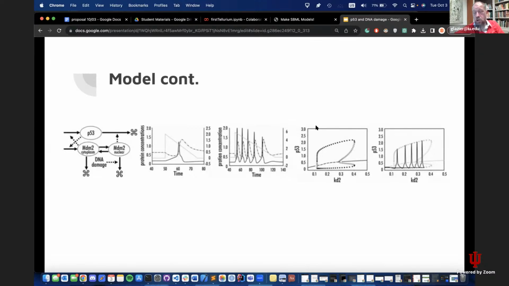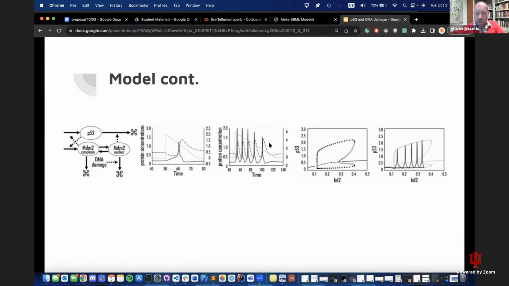There's some notation about how you plot what are called stable steady states, which are the solid black lines in that plot.